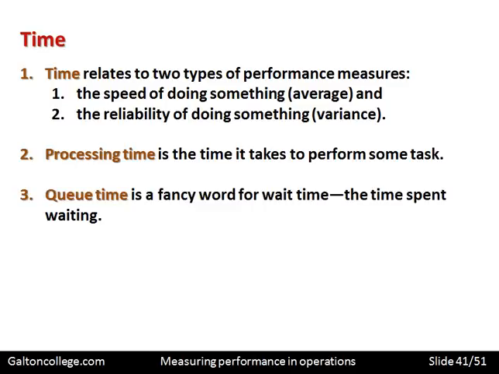And the queue time. The queue time is a fancy word for wait time. It's a fancy way of saying the waiting time. Time spent waiting. So sometimes tasks have to be lined up and we have to wait for tasks to be ready to be undertaken. So sometimes jobs are in a queue.